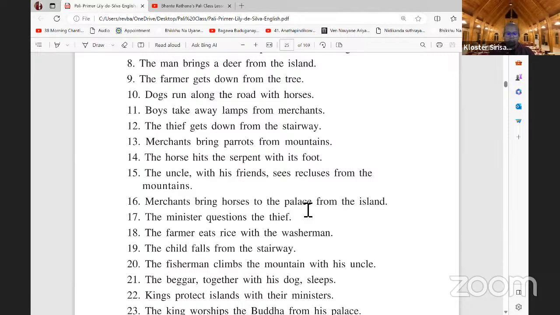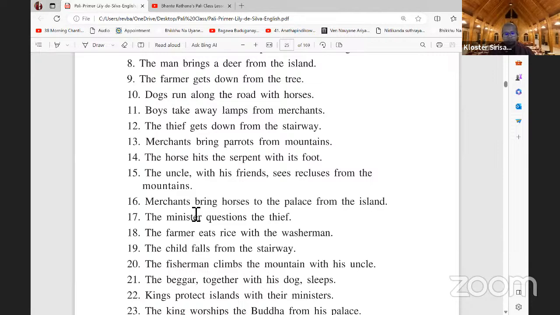The palace is pasadam. The verb brings is aharanti. Then: vanija dipamha asse pasadam aharanti. Right?